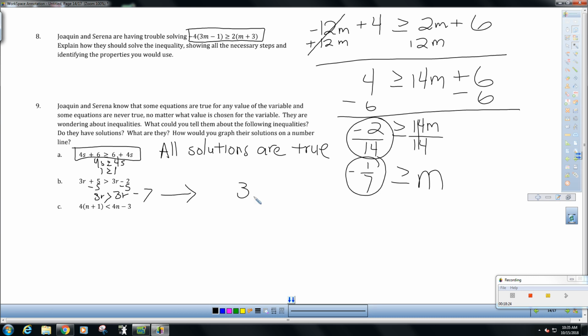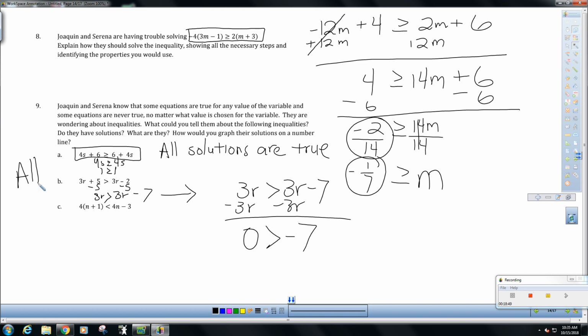I'm just going to rewrite that. Okay. Let's subtract 3r from both sides. We are allowed to do that. 3r minus 3r is 0. Is 0 greater than negative 7? Yes. So no matter what value we put in for r, this will always work. So once again, all these solutions are true.